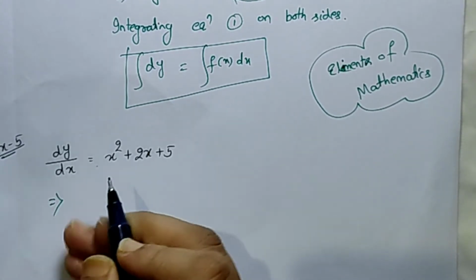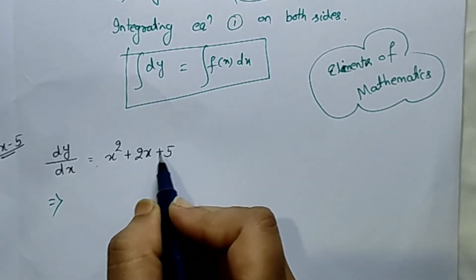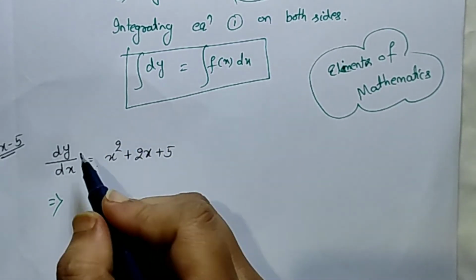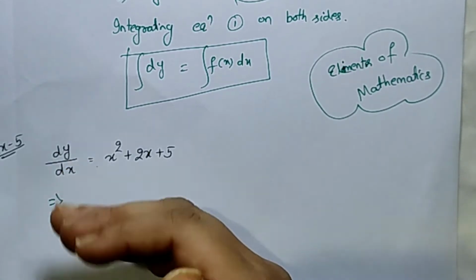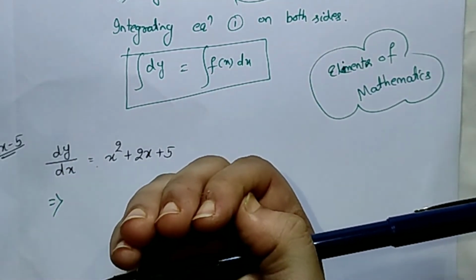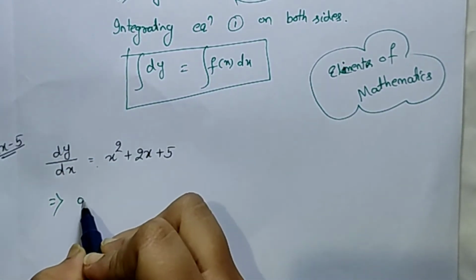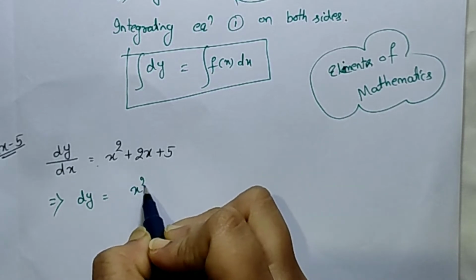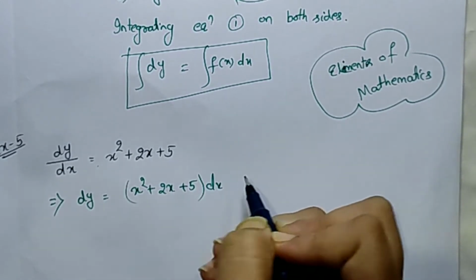What can we write? Multiply the dx on the right hand side. To find a solution, what can we do? We have to integrate this derivative so that we can find y. Solution means we have to find y. So to integrate, we multiply x square plus 2x plus 5 into dx.